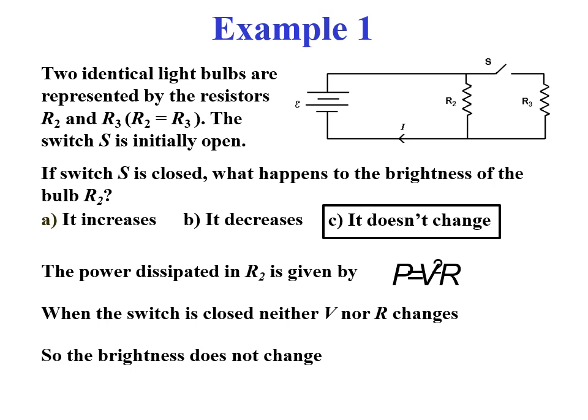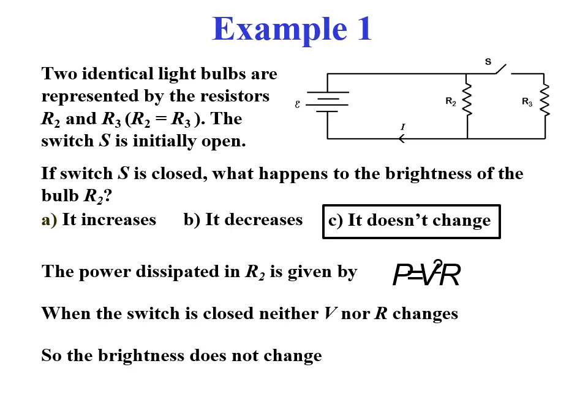Now, if switch S is closed, it means that the two resistors R2 and R3 will now be in parallel. What happens to the brightness of the bulb? Does it increase, does it decrease, or does it stay the same? The power dissipated by resistor 2 is given by P equals V squared over R. When the switch is closed, neither V nor R changes.